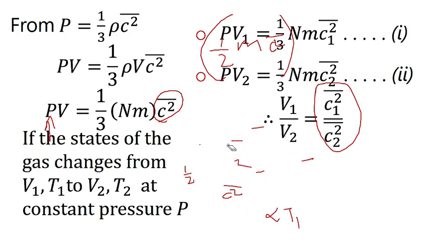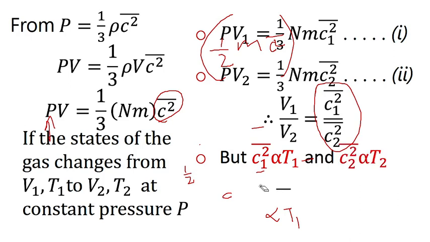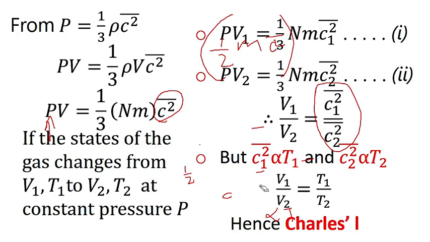If that is correct, then our equation simplifies to something which is what Charles tells us, that the change of state from V1 to V2, T1 to T2, would end up with something like this. Okay, this equation looks a little bit like V1 over V2, but you cross multiply and rearrange, you'll get V1 over T1 is equal to V2 over T2.